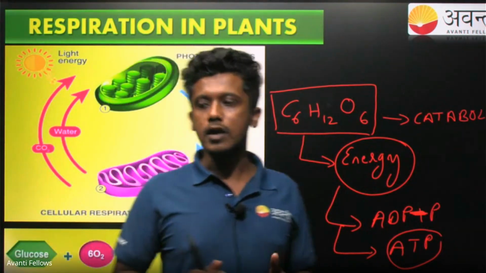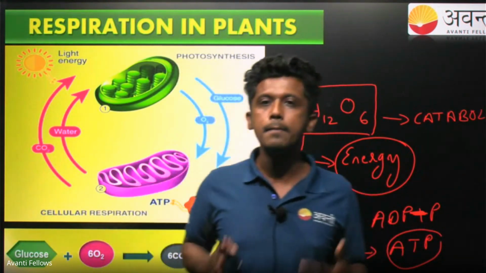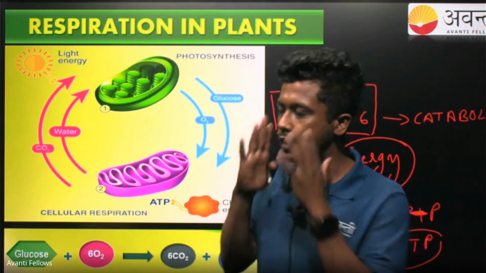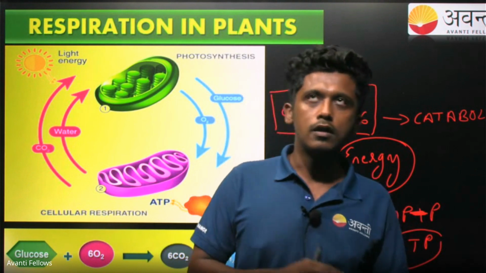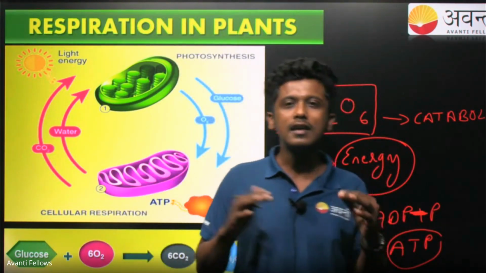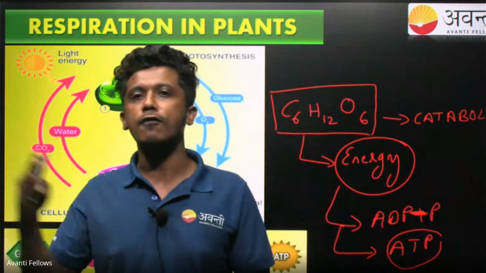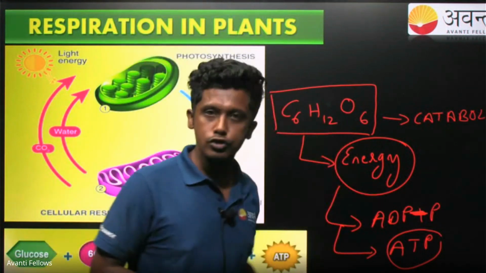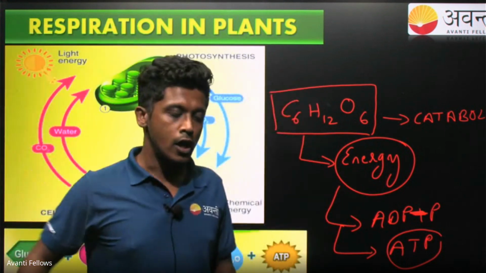So in plants, not all the parts of the plant are equally participating in the process of respiration. If you just look into a plant and imagine the plant physiology, we know that all the green parts of the plants participate in the process of photosynthesis, where it manufactures glucose.